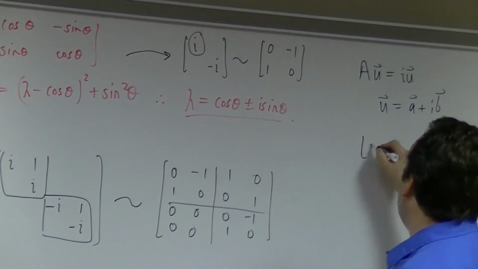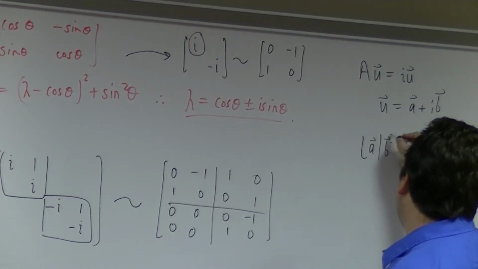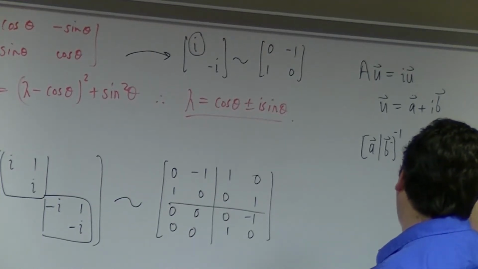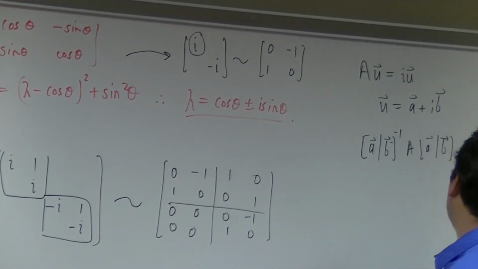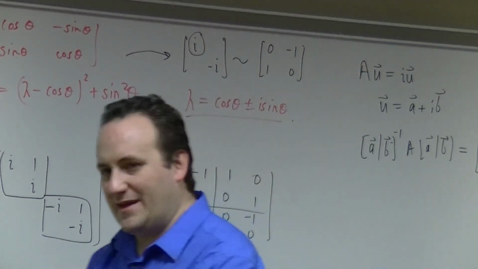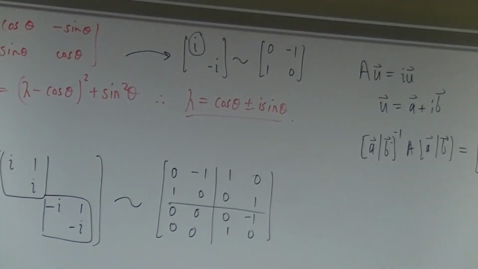And then I do the similarity, I do the matrix of a, b, inverse, A, a, b, and out pops the real form. Well, I may have the minuses askew. I'm not 100% on my minuses. It may be the other way around, but something like that is the real Jordan form.